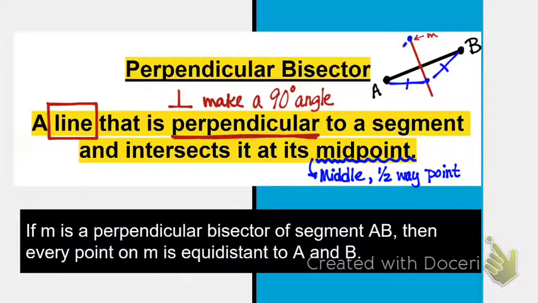A point way out here would be the same size anywhere I go on that line. Because it's going through the midpoint, and that's the same distance away from both ends, and then because it's making a right angle, that means it's never going to tip closer to point A, it's never going to tip closer to point B. It always stays the same distance away.